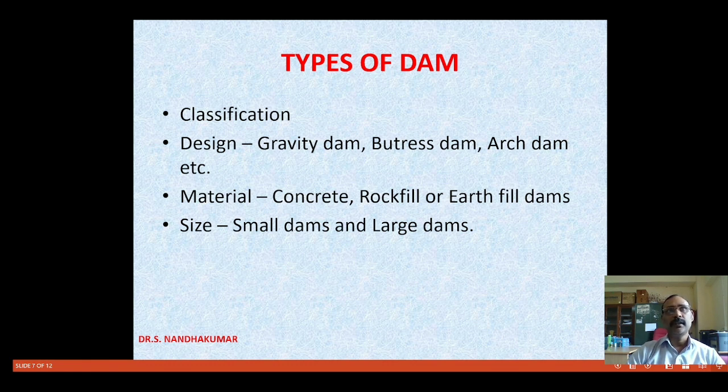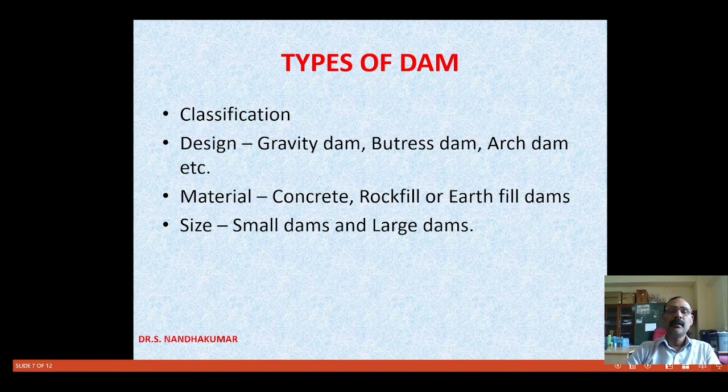Based on the topography of the area, the volume of water accumulated, the catchment area, and the rocks present in a particular area, the lithology and topography all have to be taken into account to design the dam. So we classify dams broadly by some important designs that we are going to discuss: one is the gravity dam, another is the buttress dam, and another is the arch dam.